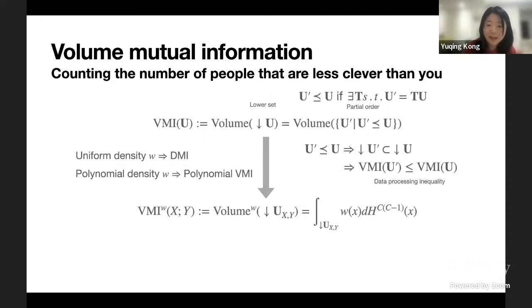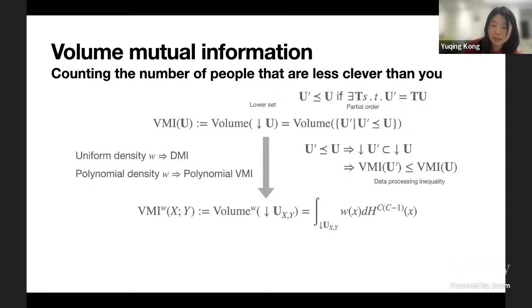So by definition, this mutual information satisfies data processing inequality, because data processing inequality essentially is a monotone function regarding the partial order, and I just defined it this way. And also by properly choosing the density function as polynomial, we can also make it polynomial.